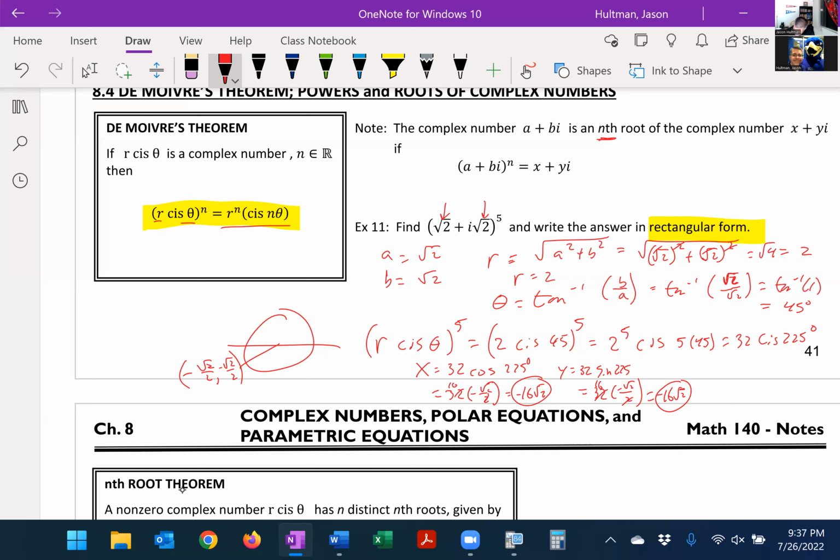It's going to be negative 16 radical 2 plus, or minus, I should say, minus 16 radical 2 i. Okay.